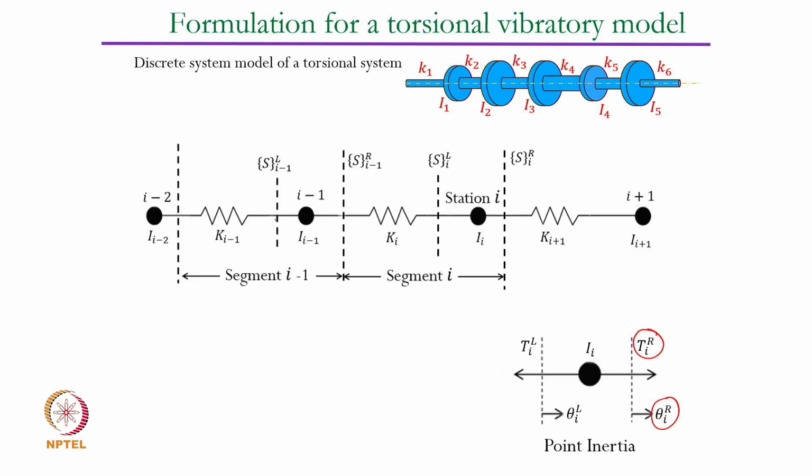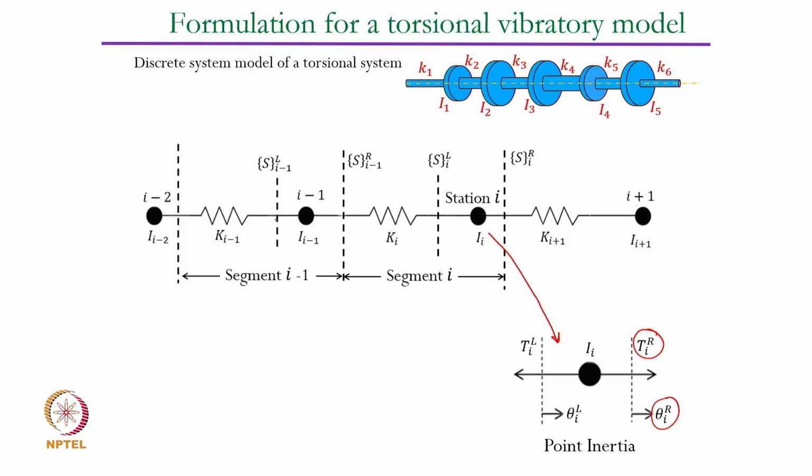If I take the ith segment's inertia, which is going to be assumed as a point inertia, in the sense that it has only the mass moment of inertia about the axis of the segment.